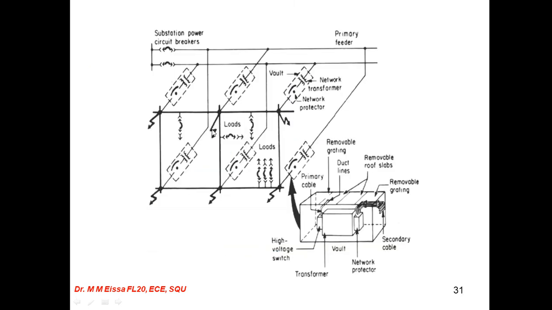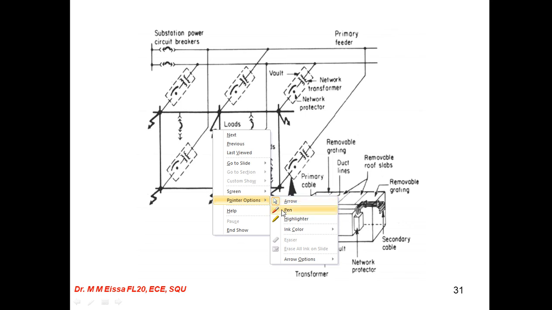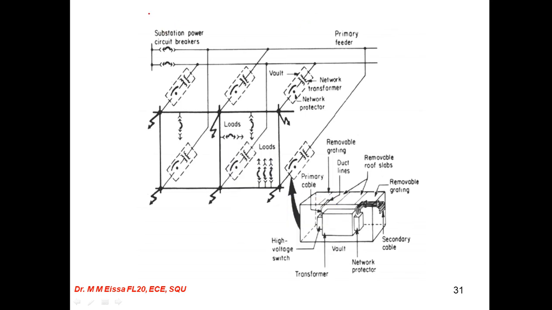Here, for the network transformers, we have the substation circuit breakers. This is the primary, and from the primary to the secondary we can put the network transformer. This is the network transformer, inside this underground.